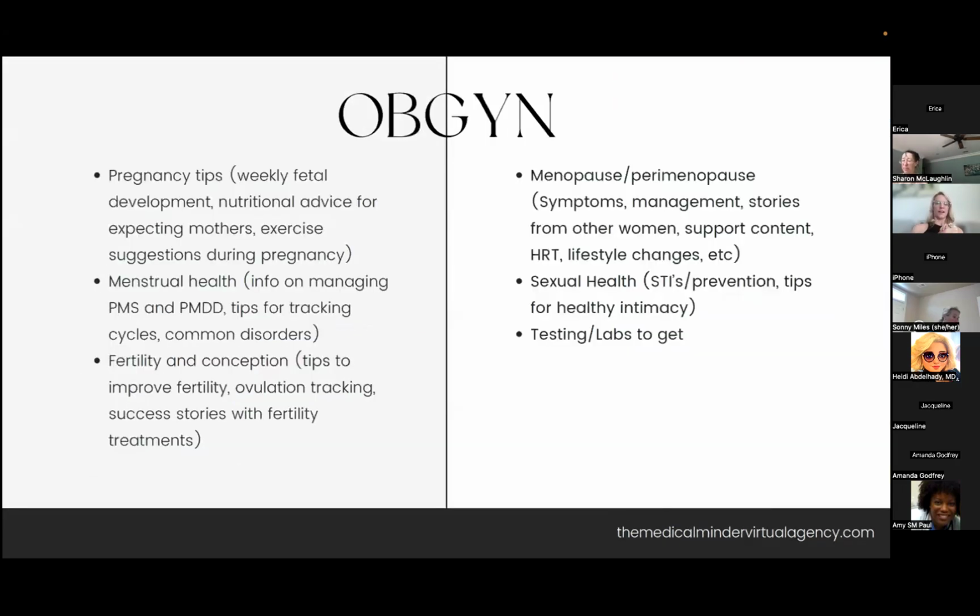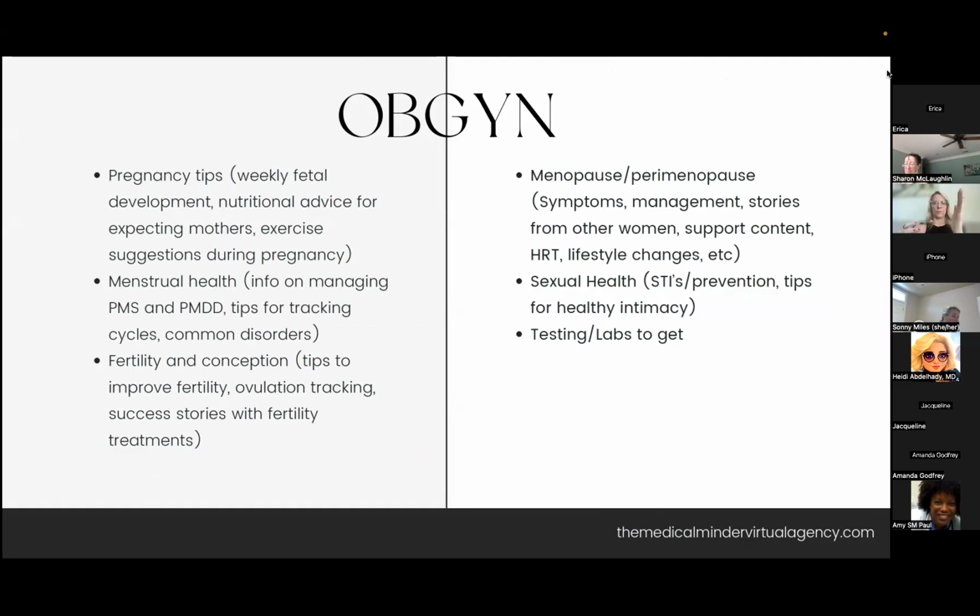Okay, so like I had mentioned earlier, I didn't think we would have enough time to go through a lot of different specialties, but I wanted to put a few of the top ones so that you guys can see content examples for that specialty. And you can tweak some of these if you are in a related field.